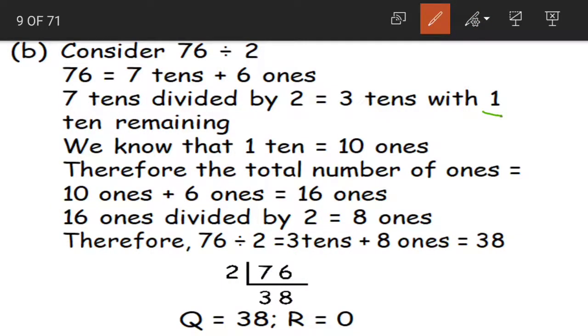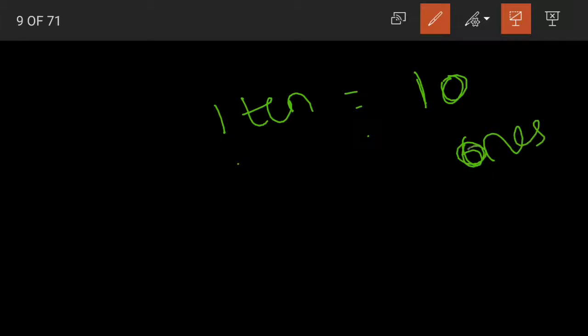Now what can we do with this 1 ten? After tens, what do we have here? Ones. So the tens part is already done. Now what to do with the tens? We need to regroup these tens into ones. 1 ten is nothing but 10 ones. How many ones does it have?